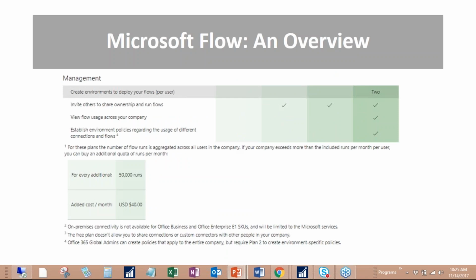From a management perspective, being able to invite others to share ownership and run flows is interesting. If you have a flow guru on your team who wants to play with this and figure it out, they can use their Office 365 account to create a flow and then share it across your entire organization if that's appropriate.